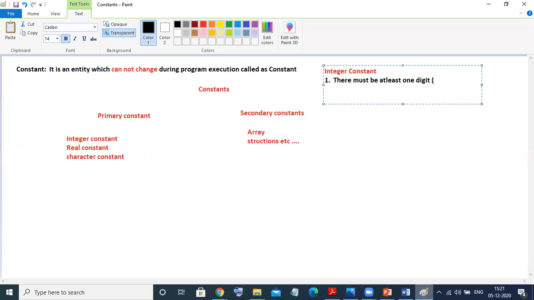Already we have seen digit means 0 to 9. I hope you remember, it was there in my first introductory video for C language, character set. Second very important point is it should not contain any decimal point.